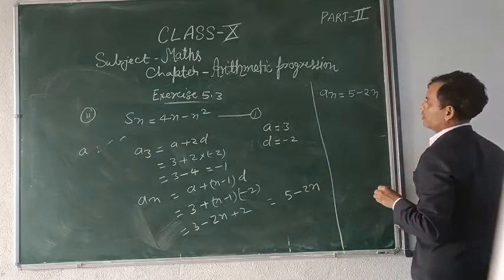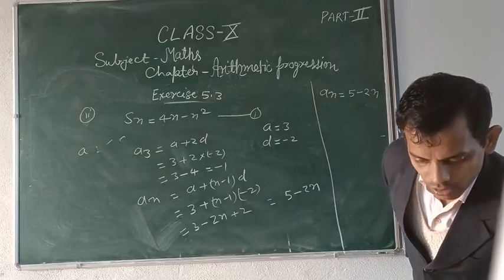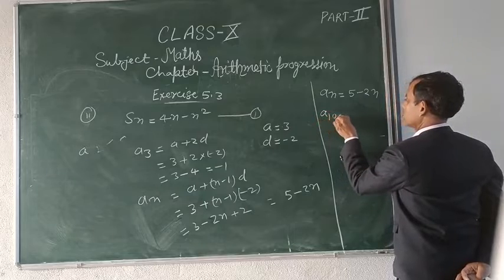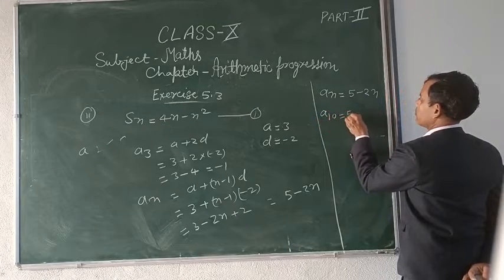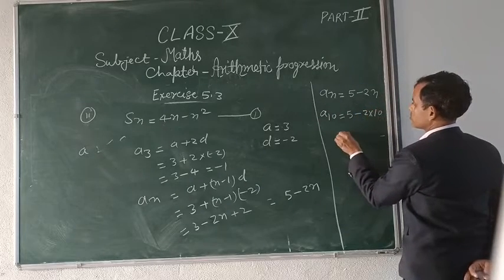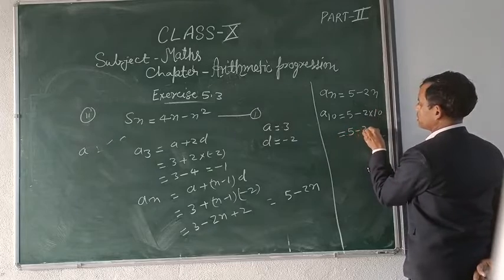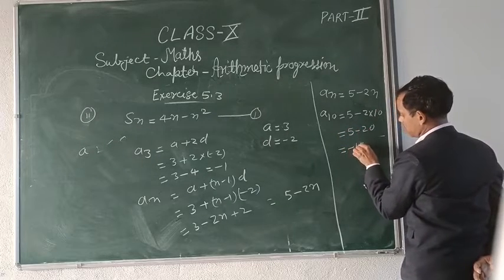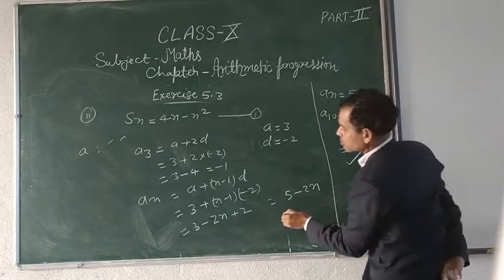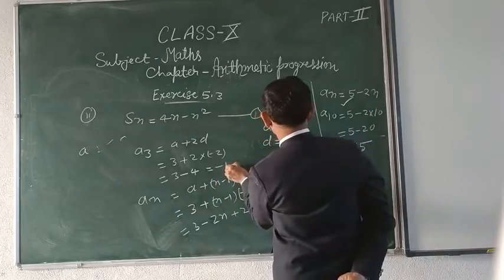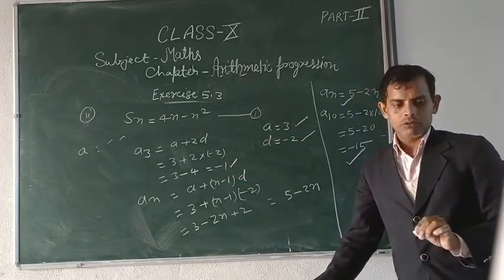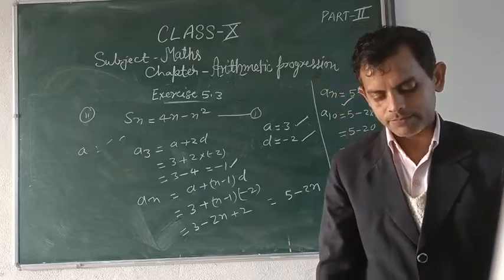Okay, we need to find the 10th term. So put n equal to 10. This will be 5 minus 2 into 10. So 5 minus 20, it will be minus 15. Okay, this will be your nth term, this will be your 10th term, this will be your third term, this is the first term, and this is the common difference. Okay, all of you are able to find.